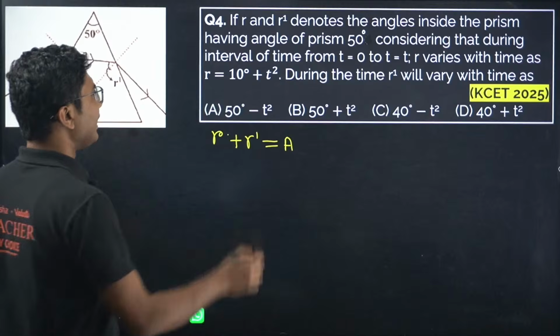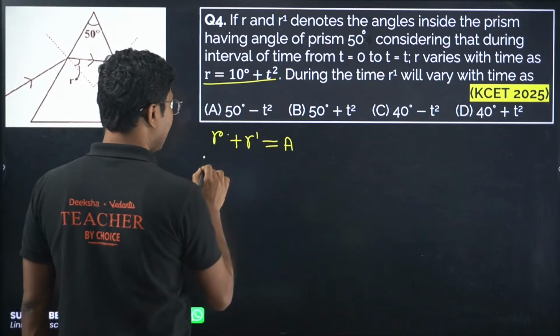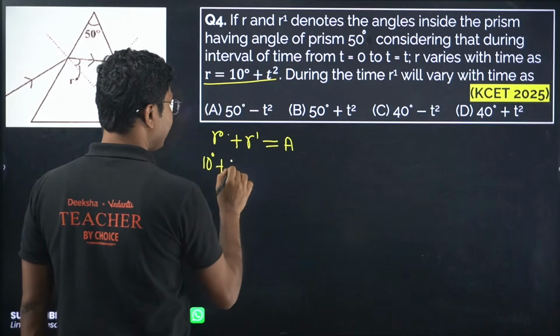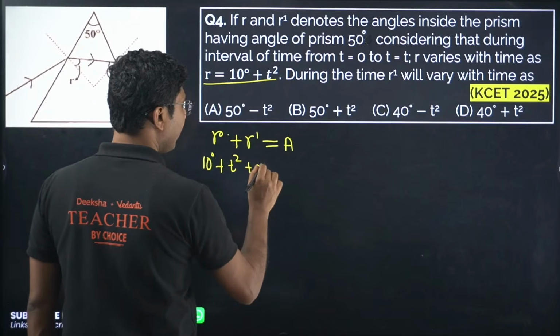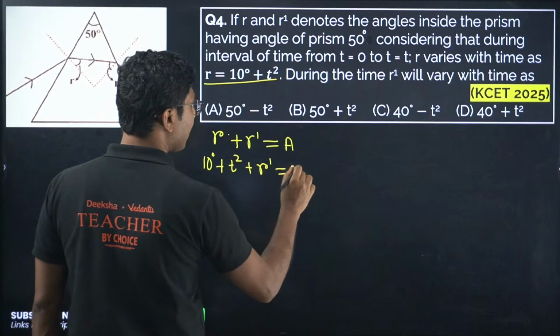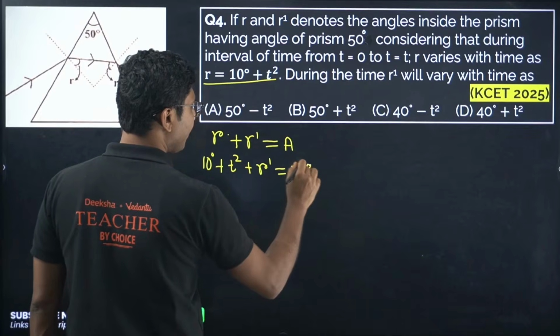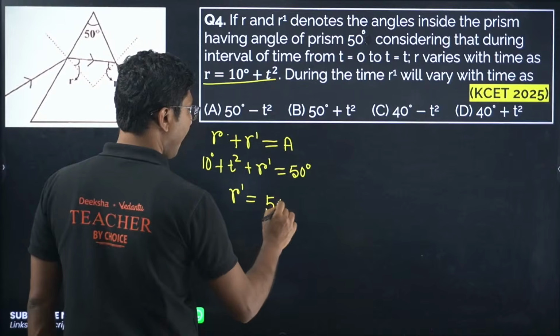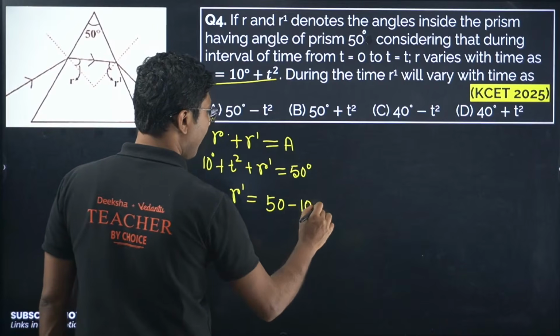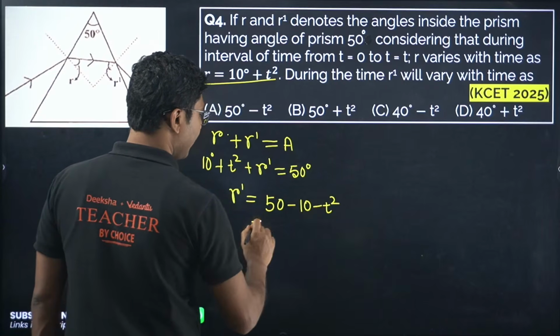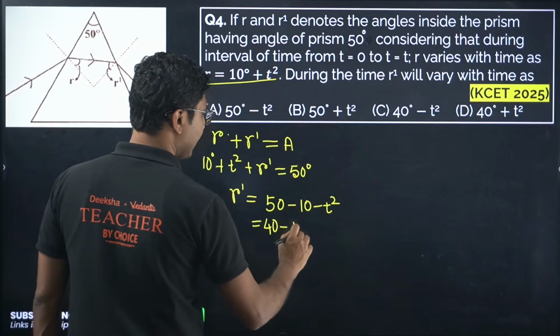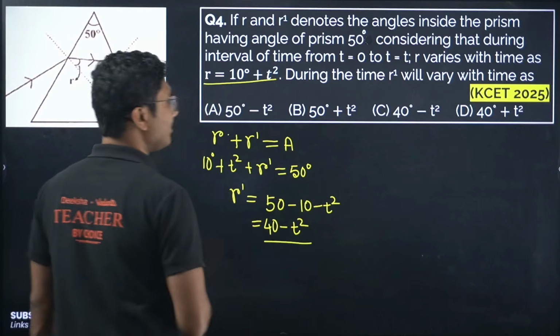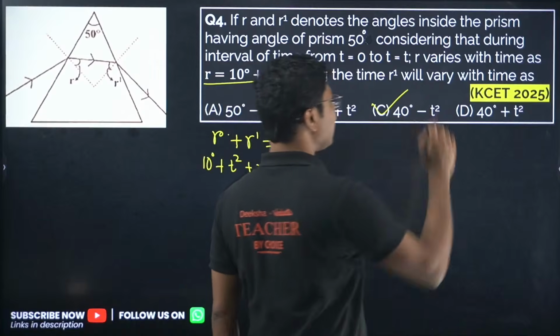Here R is 10 degrees plus t square, and the angle of the prism is 50 degrees. So R1 will be 50 minus 10 minus t square, that is 40 minus t square. So the correct answer is 40 minus t square.